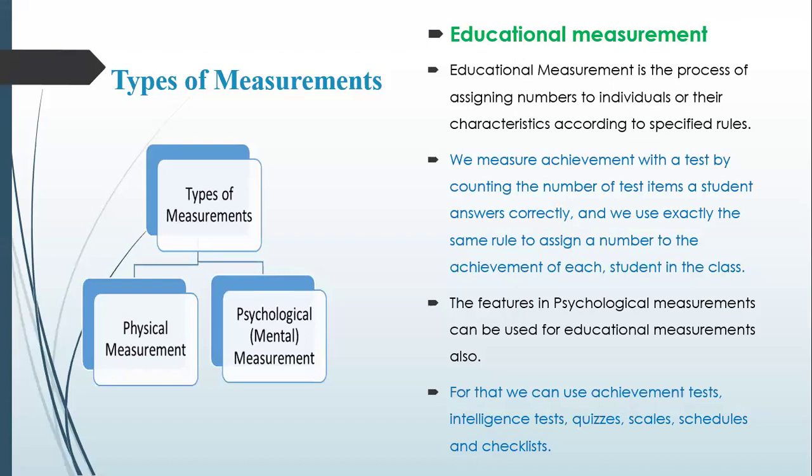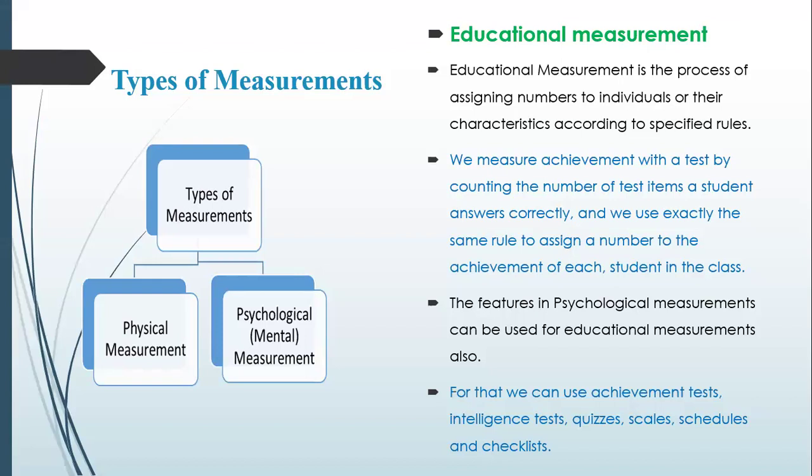Before going to measurement, I told you about the test. I told you that a test is a tool. If you refer to the internet, there may be 7 types of tests: diagnostic test, achievement test, proficiency test, aptitude test, placement test, personality test, intelligence test, like that.